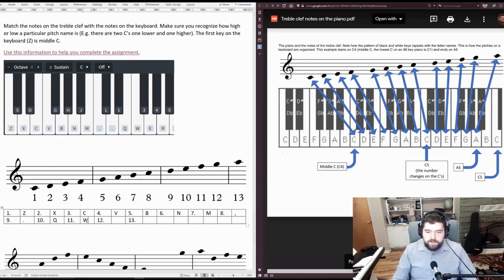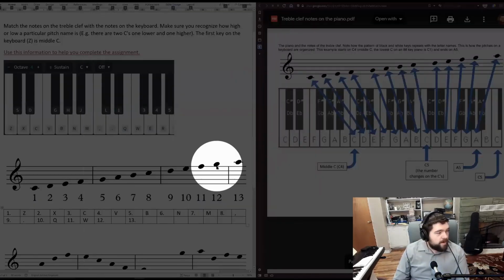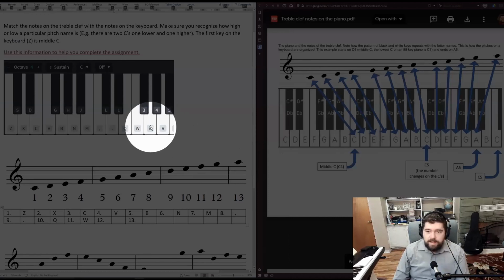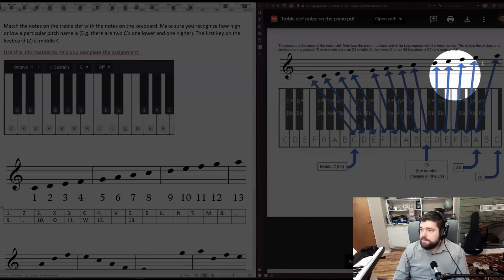That one is a W. Ten, 3, 6, 9, 10. Alexandria. What about number 12? Number 12 right here. Which key do we press? It's an E, absolutely correct.